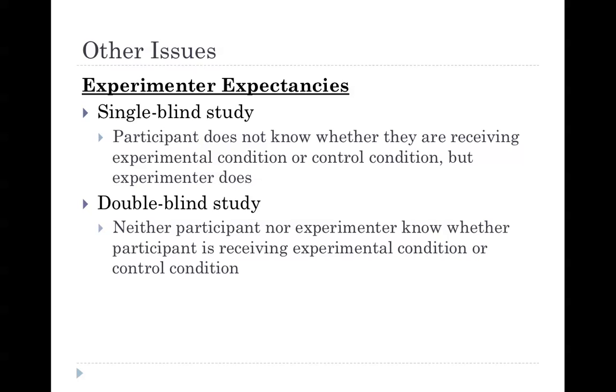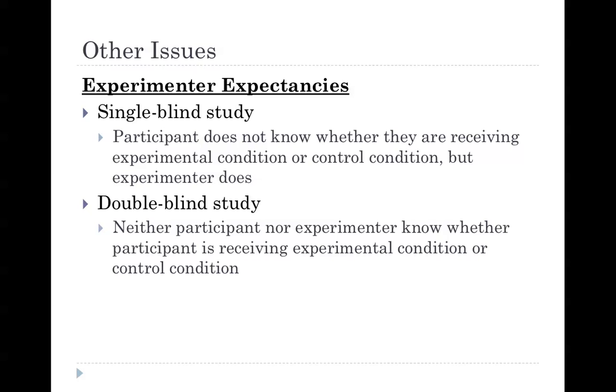So in this sense, you're not allowing participants to engage in hypothesis guessing. You're removing aspects that could give them cues. And here it overcomes experimenter expectancies because while the researcher does know what condition they're in, it makes it harder to give away cues of the actual experiment because the participant does not know what condition they are in.